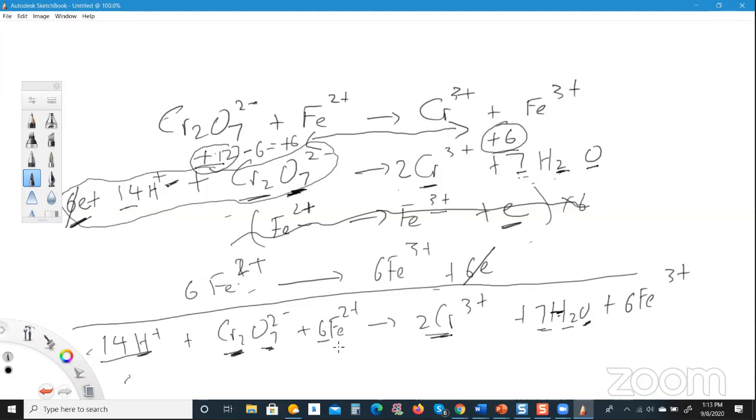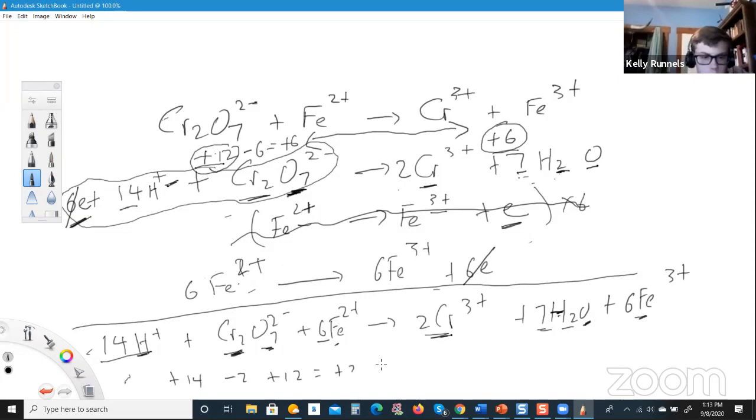Here we have 6 irons. Here we have 6 irons. So the irons are balanced. And then we have to balance the charges. We have to make sure the charges are balanced on both sides. So here we have 14 plus charges, so that's plus 14. Here we have a minus 2, and here we have plus 12. So what does that give? 14 minus 2 gives you 12, plus 12 gives you a total of plus 24.